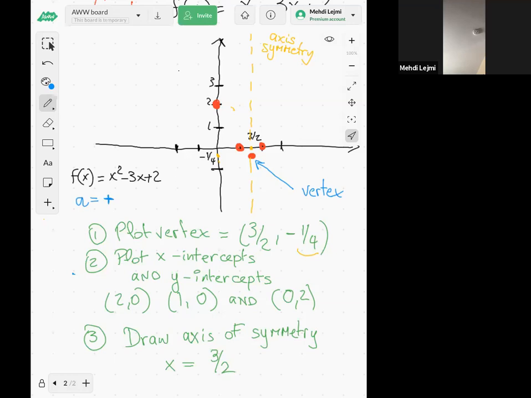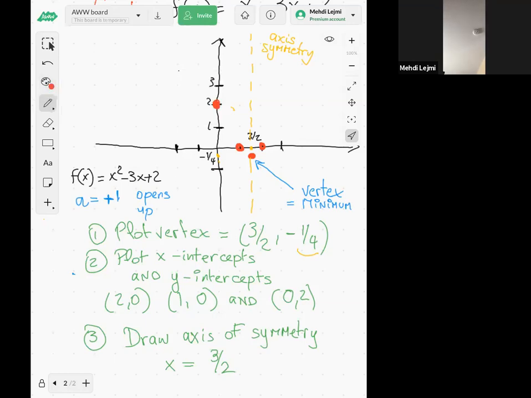So if A is positive, then the parabola opens up, right? So if it opens up, it means that my vertex is a global minimum, because it opens up. So my vertex would be the lowest point in the graph.